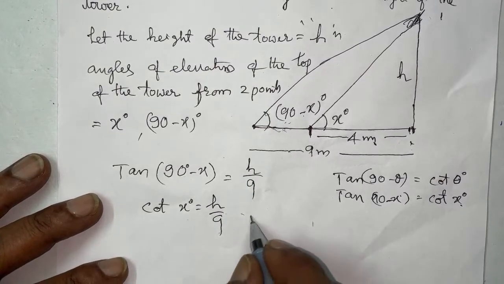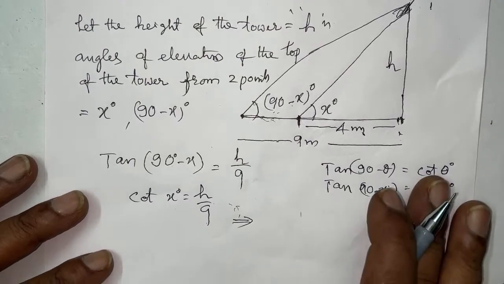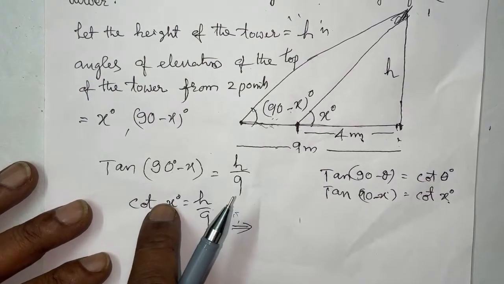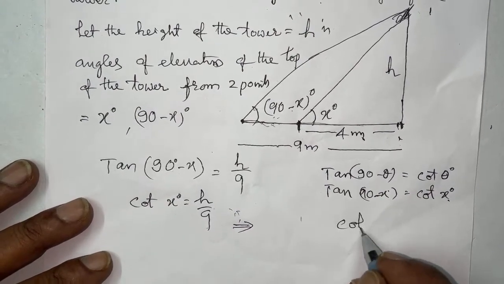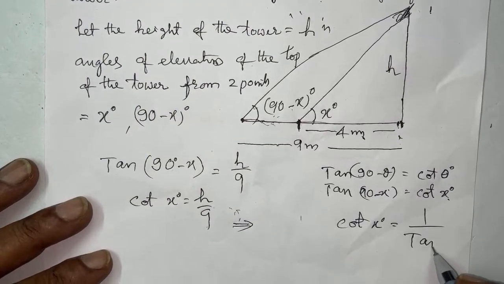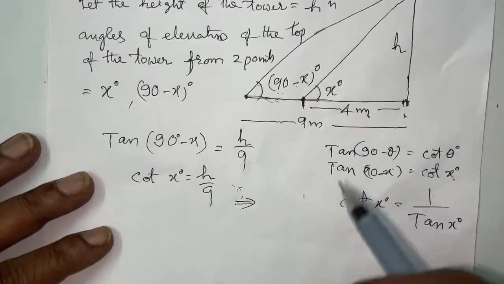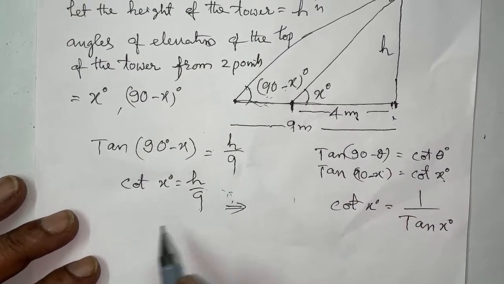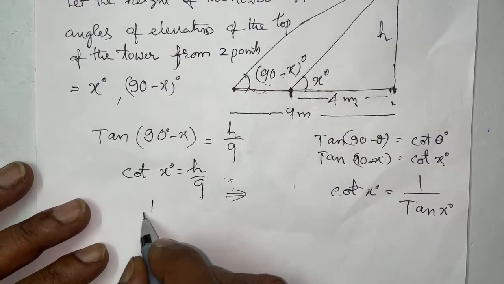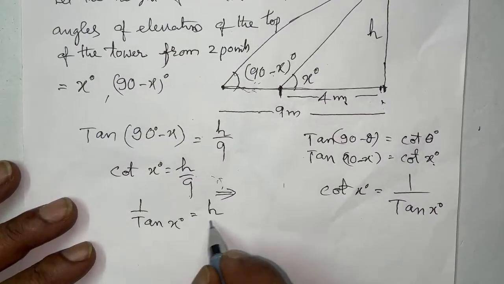And again, for clarity, cot x degrees we can also write as 1 by tan x degrees, because cot is nothing but the reciprocal of tan theta. So 1 by tan x degrees is equal to h by 9.